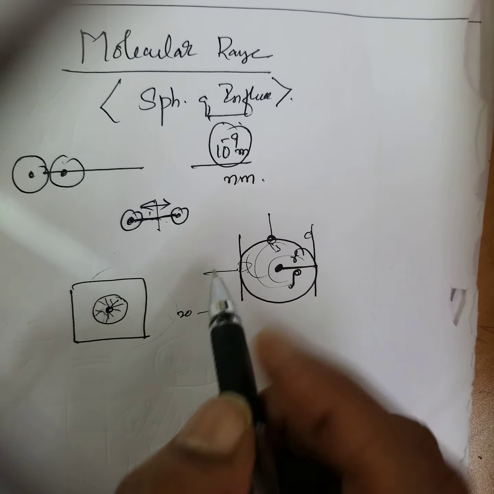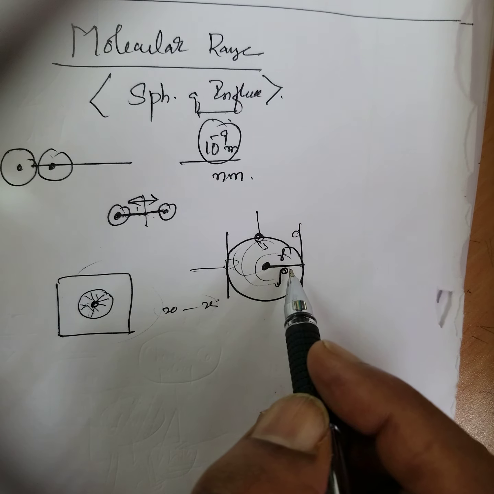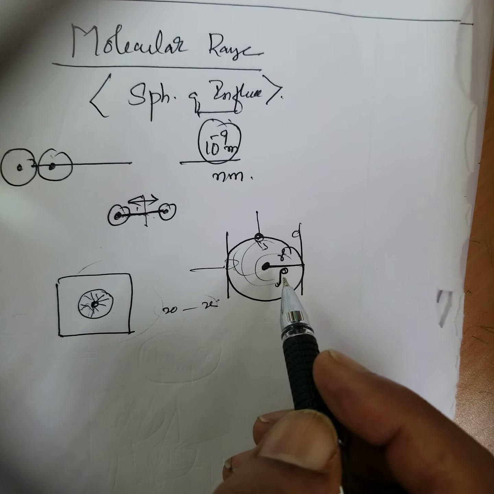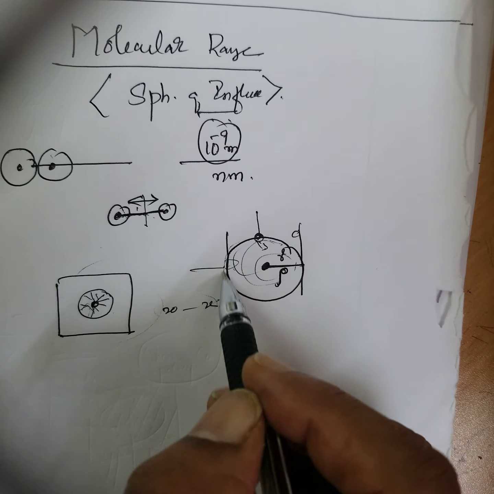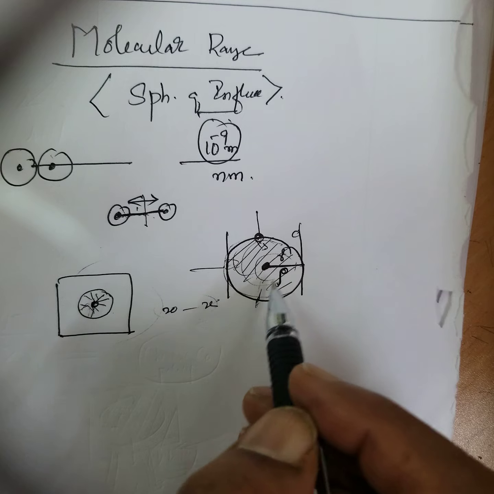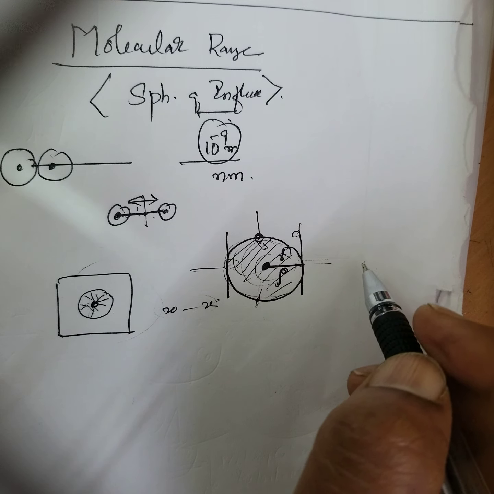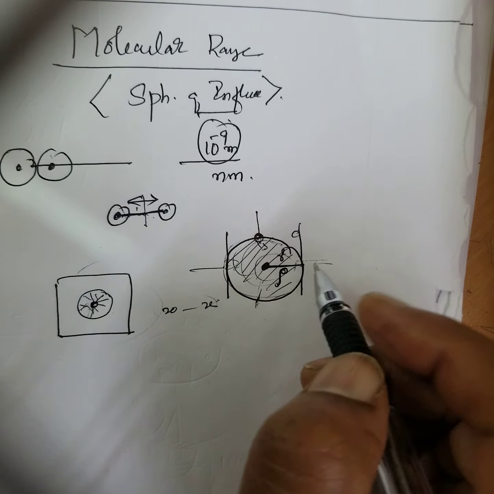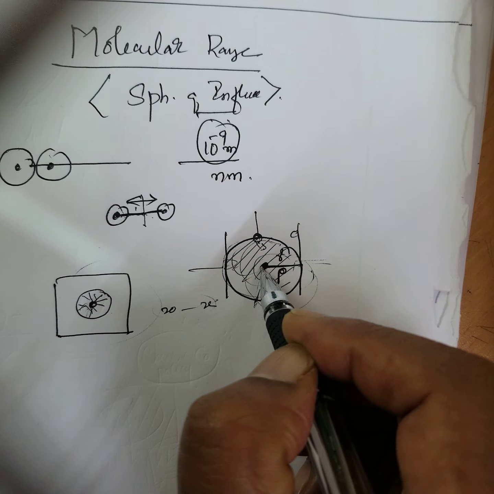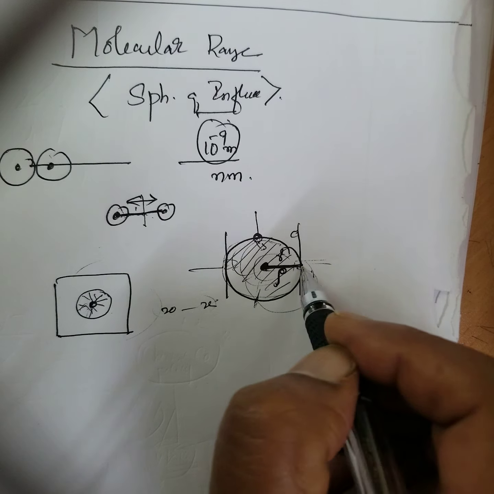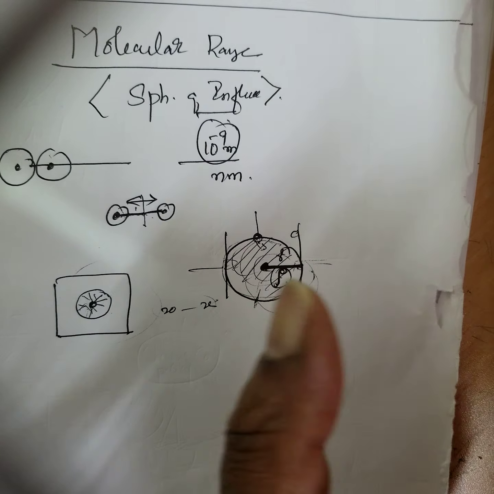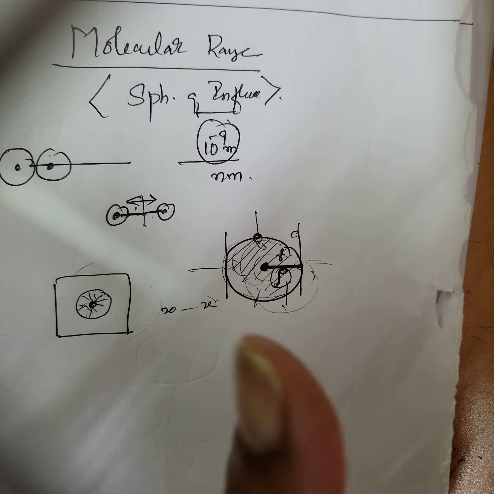The same way, sphere of influence is that region within which, if any other molecule comes, the cohesive force will act and start attracting. That means a sphere is drawn around the molecule with the molecule as center and radius equal to its range. It's called sphere of influence or sphere of molecular attraction.